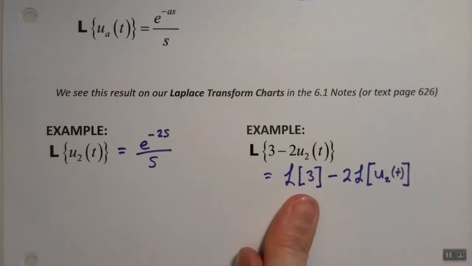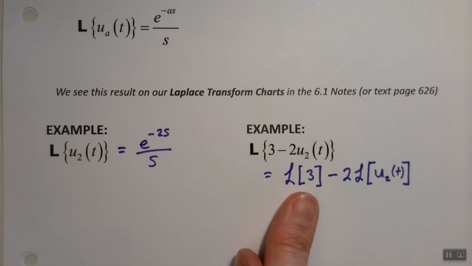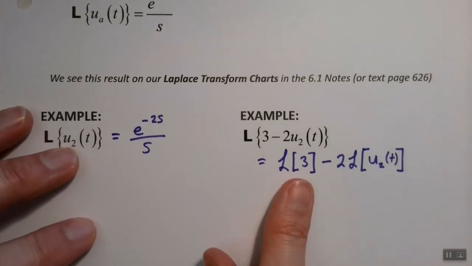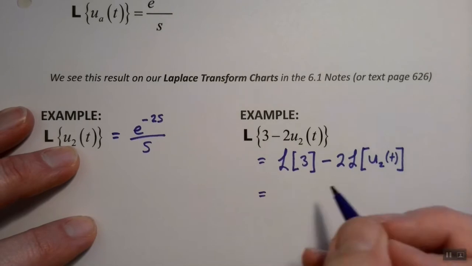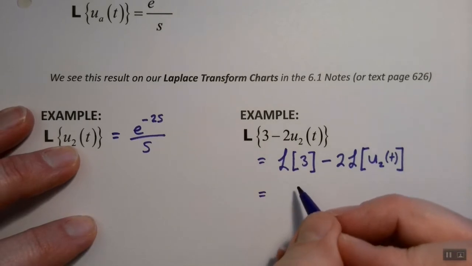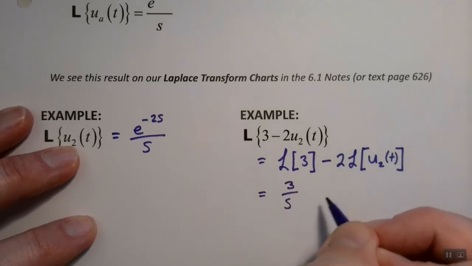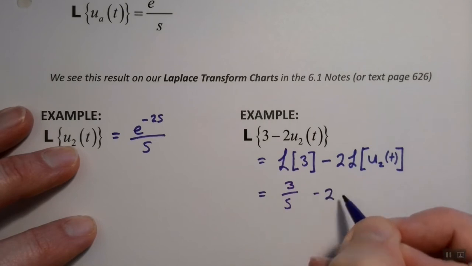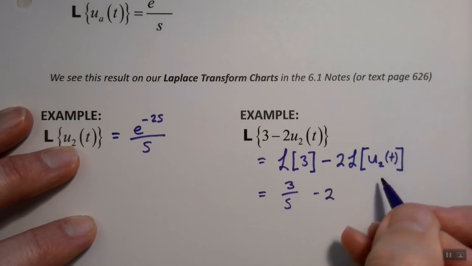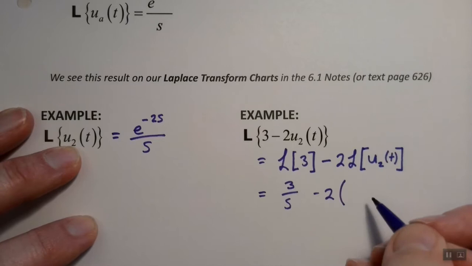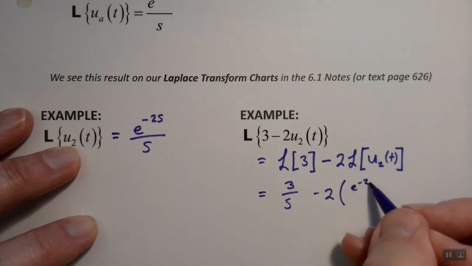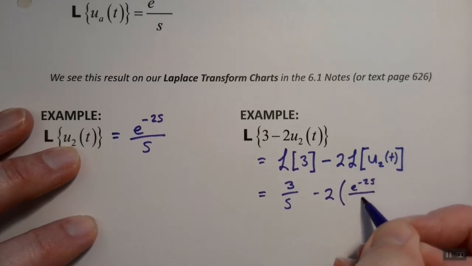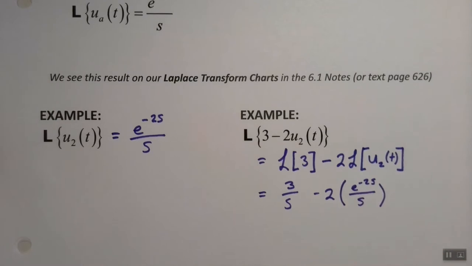So for the first one, that's just the Laplace of a constant, and we did that one in our classwork earlier today. We know that that's just going to be 3 over s. And the second one is minus 2 times the Laplace transform of this Heaviside function, which we know is e to the minus 2s over s. And that's it. That's all there is to it.